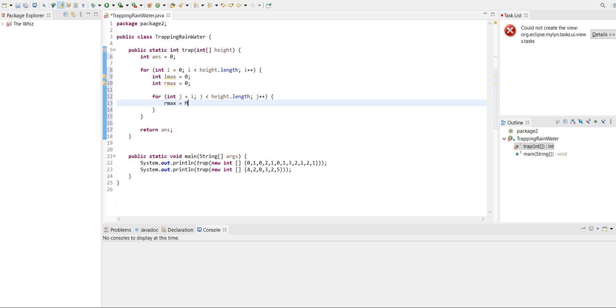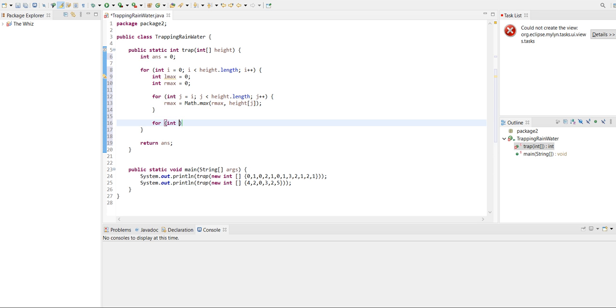We can say rightMax is equal to Math.max of rightMax and height of j. And then we can do the same thing with leftMax. So we can say for int j equals i, j is greater than or equal to 0, j minus minus.